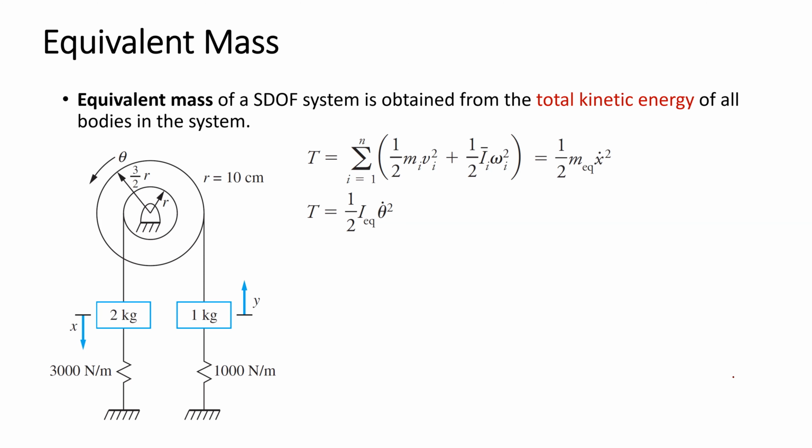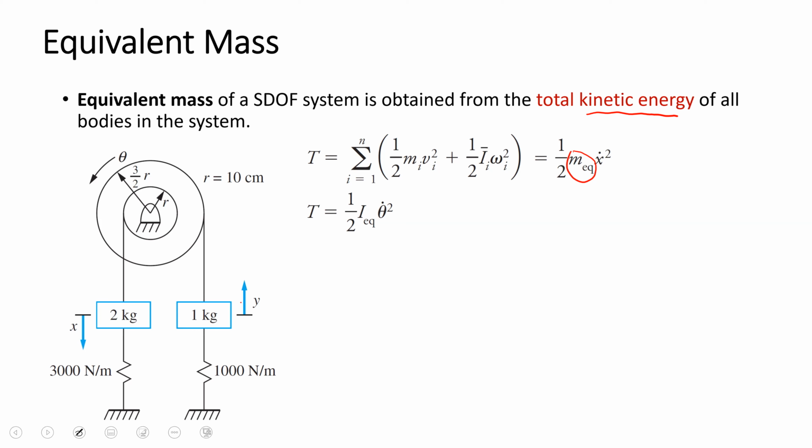For the equivalent mass, the idea is similar. We obtain the equivalent mass by considering the total kinetic energy of the system. By considering the kinetic energy of each component and summing, it should equal the total kinetic energy.